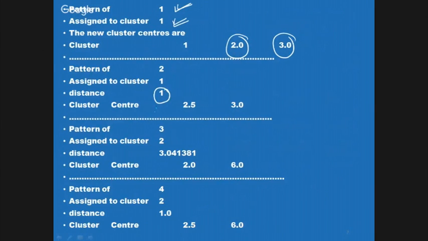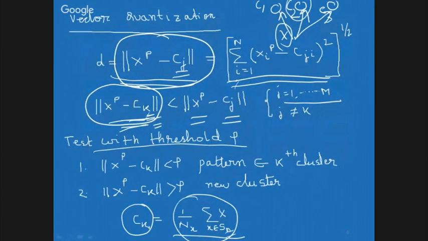Next condition: after finding the Euclidean distance, what should we do? We should test it with the threshold. In our case, threshold is equal to 2. It is telling that if the distance is less than the threshold distance, then the pattern will be in the kth cluster only. That means whichever cluster we are comparing.